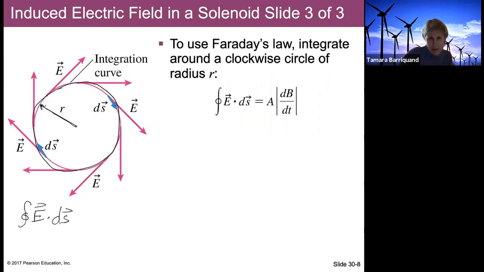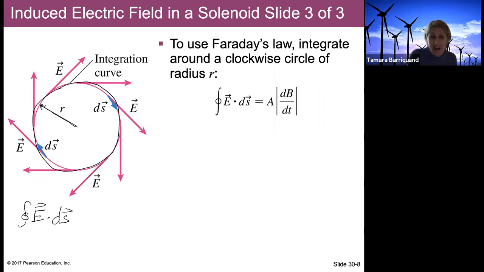If we integrate around that, Faraday's law tells us that the closed integral of E dot ds is going to be equal to the area times the change in the magnetic field over the change in time. To do this integral around this circle is pretty easy, because the electric field isn't changing around this circle. That's the whole reason that we picked this circle.